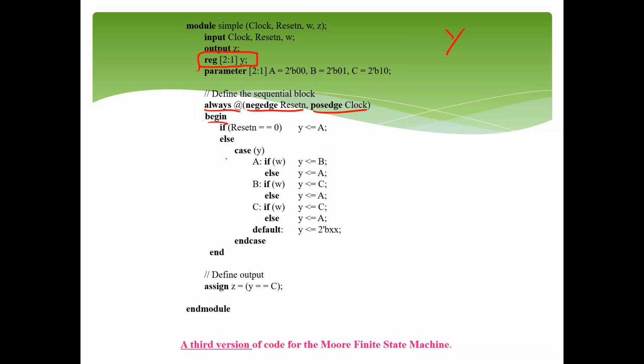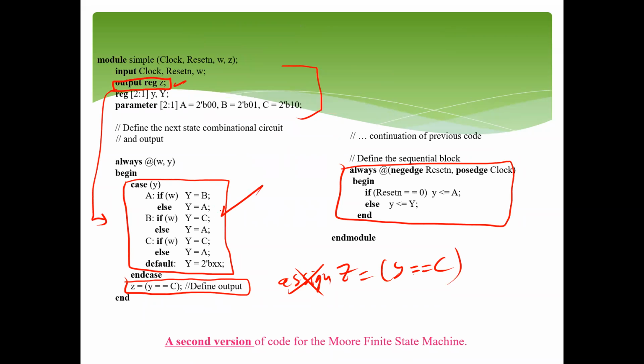Now, if you go into the always block, first check for your reset. If your reset is active, make my current state equal to the first state that I'm resetting to, which is here state A. And then else, depending on my current state, now this block is exactly the same as this one, with a slight change of the value of capital Y. I won't have capital Y anymore.